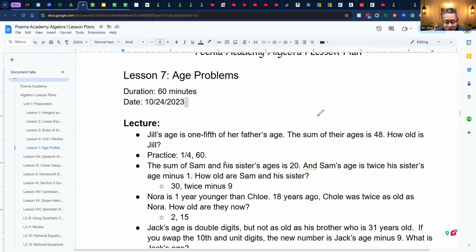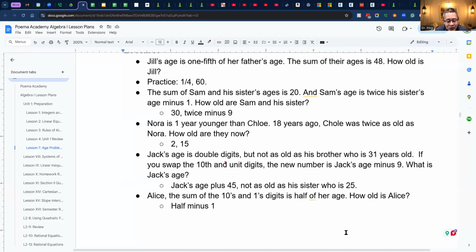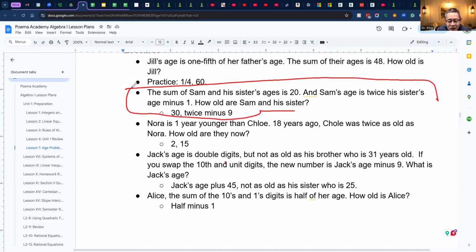Now we're going to look at a second type of problem, and here it says that the sum of Sam and his sister's ages is 20, and Sam's age is twice his sister's age minus 1. How old are Sam and his sister? Okay, so we are actually dealing with two variables.